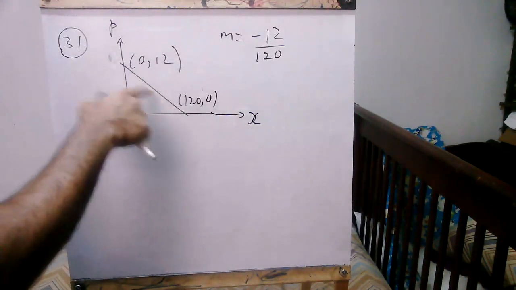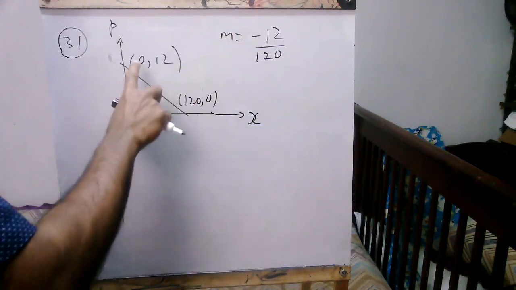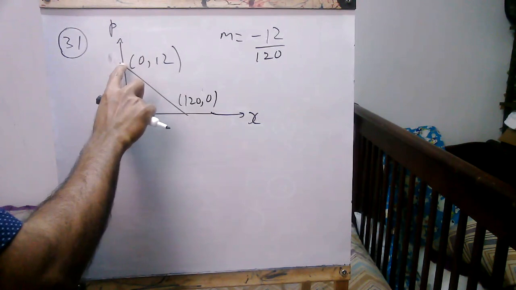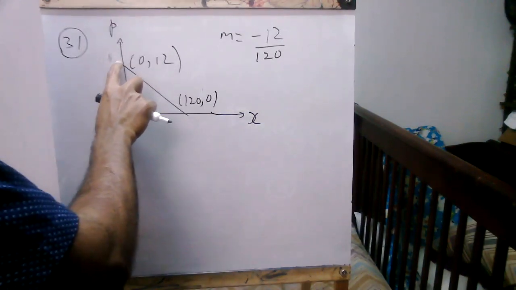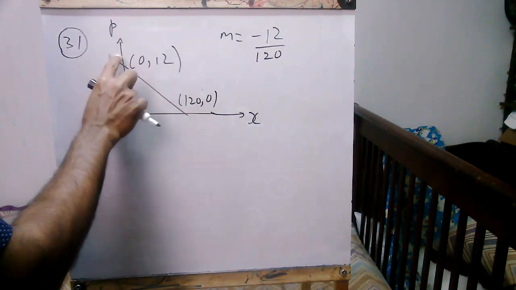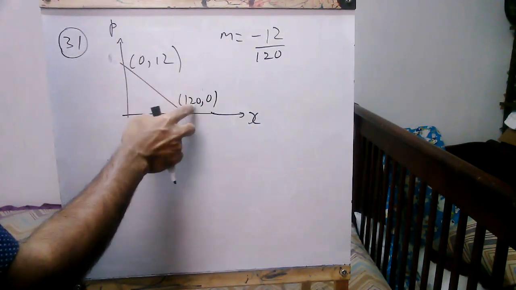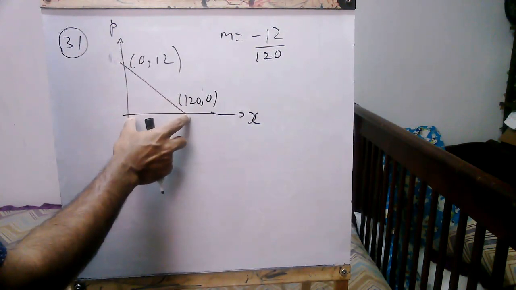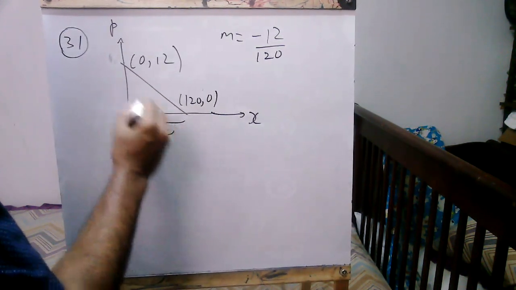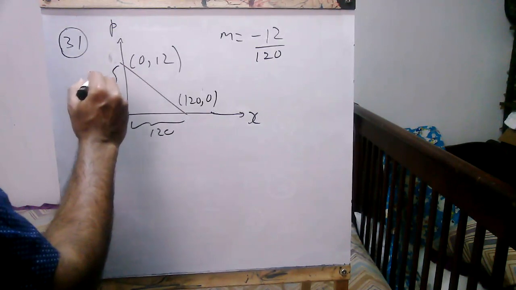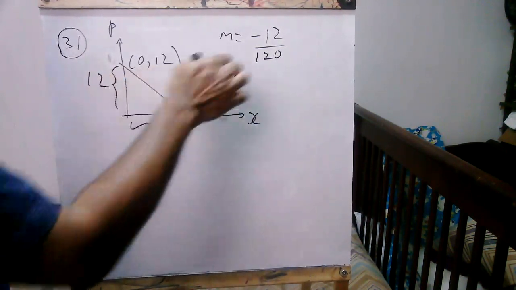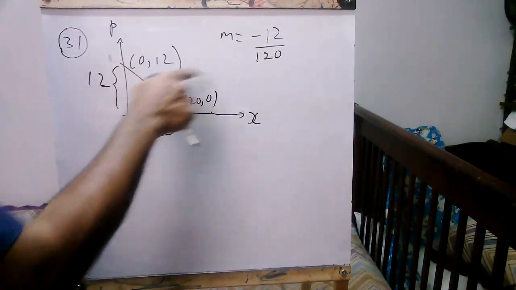The slope of this line is negative, right? This height is 120. This is 0, 12. This is 12. This is 120, means this length is 120. This is 12. y over x, and the slope is negative, right?